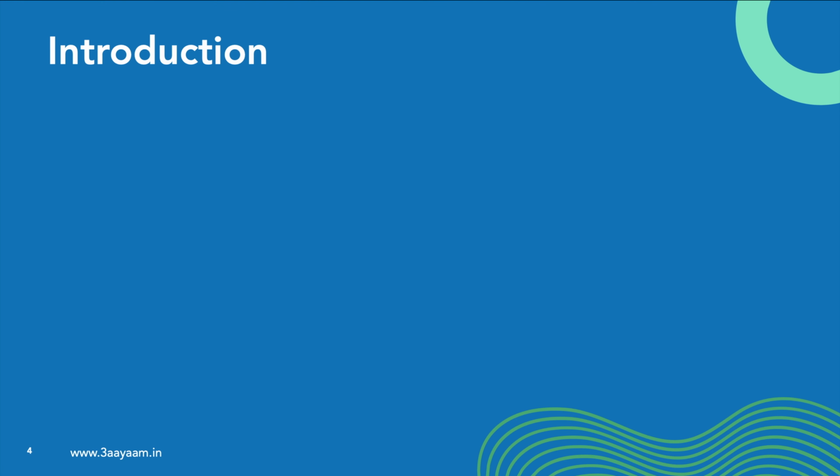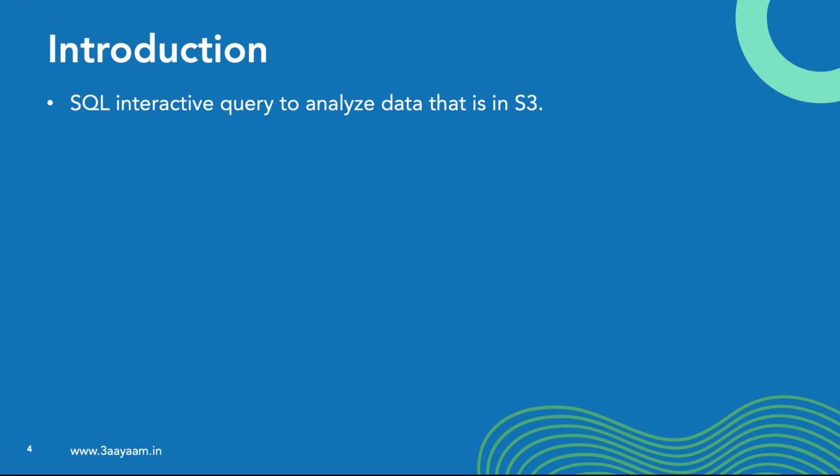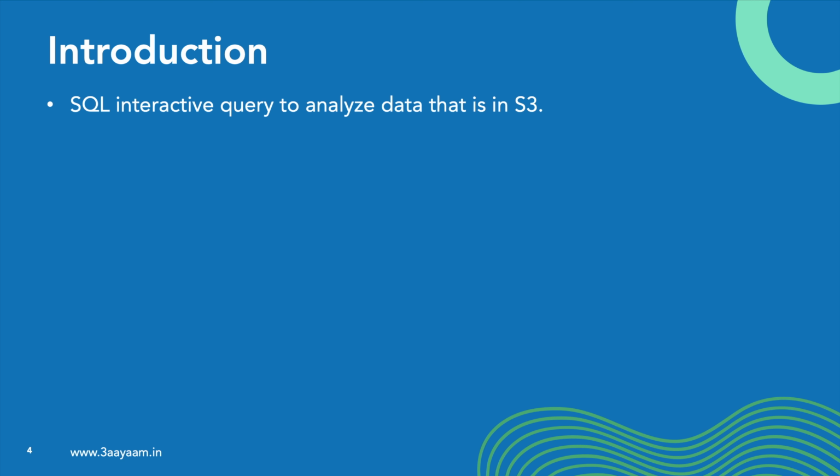So, what is Athena? Athena provides an SQL interactive query service which can be used to analyze data that is available in S3. And we can do the analysis using SQL. So imagine that we are querying data or files that are directly stored in S3.